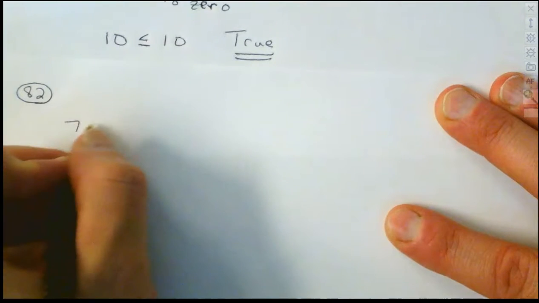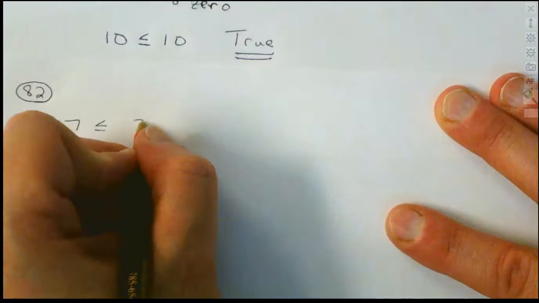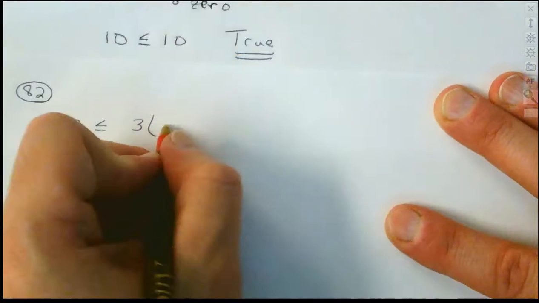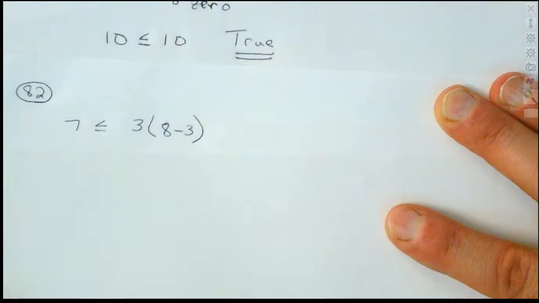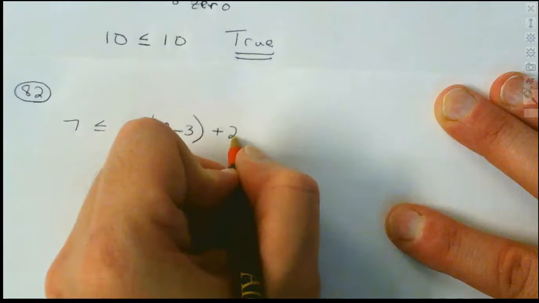So question 82, we've got this inequality, and we've got lots of order of operation components to it that we need to do first.